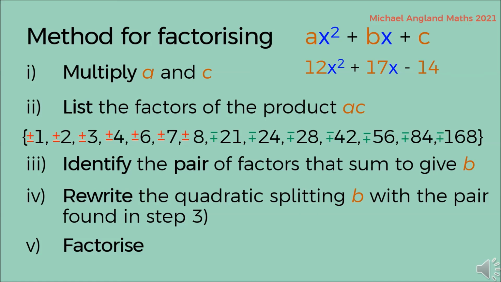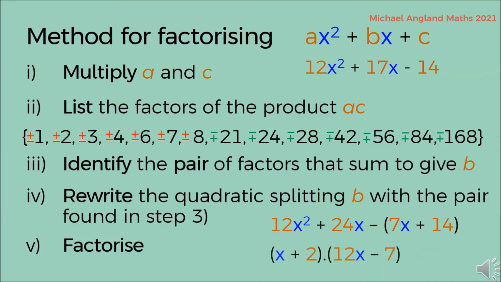Now, which two gave the value of positive 17 for B? Well, that would be plus 24 and minus 7. So we split that quadratic up into 12x squared plus 24x minus 7x minus 14, which when we bracketed was 12x squared plus 24x minus bracket 7x plus 14 bracket. Then we were able to factor out.